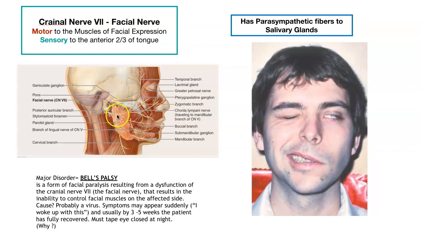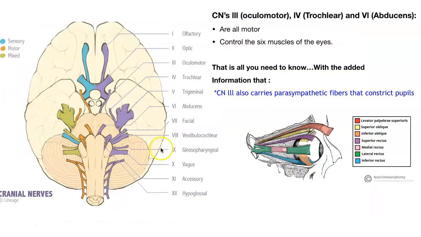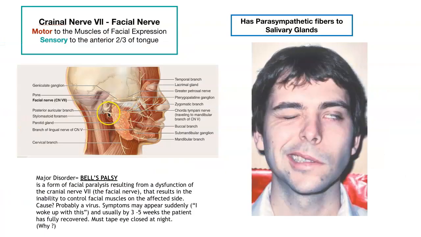I just want to show you these pictures to show you where the nerve is going. Even though when you look at it on here, where are you seeing the facial nerve? You're just seeing this little thing right here that's connected right in between the pons and the medulla. That's all you're seeing. But this is the nerve as it comes out and spreads over the face.